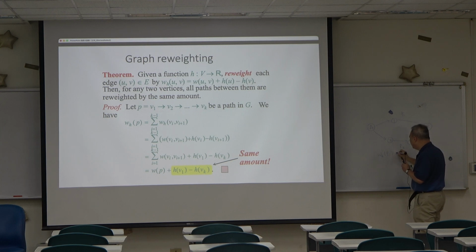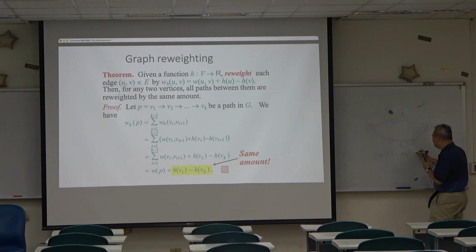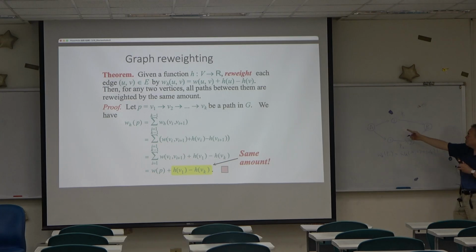So P1 will be w_h(A,1) plus w_h(1,B), according to how we calculate the weight for the path.